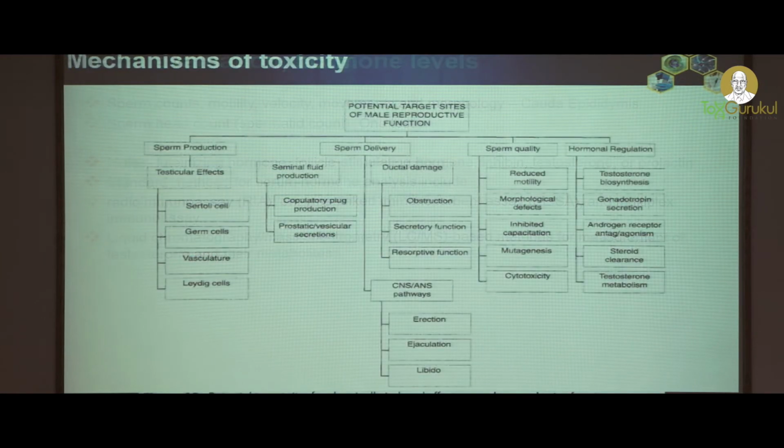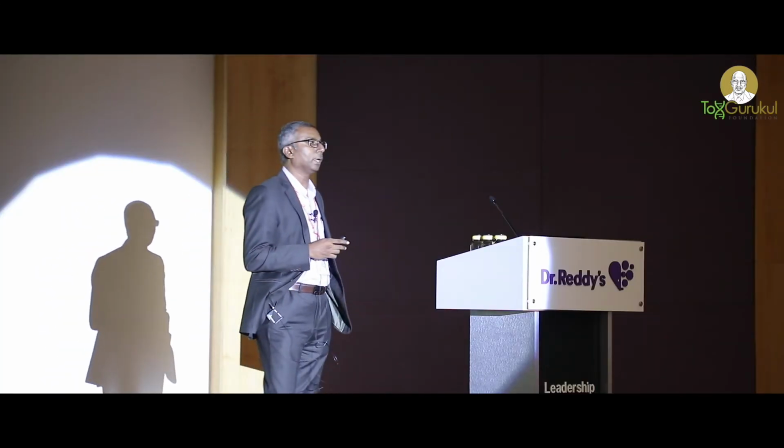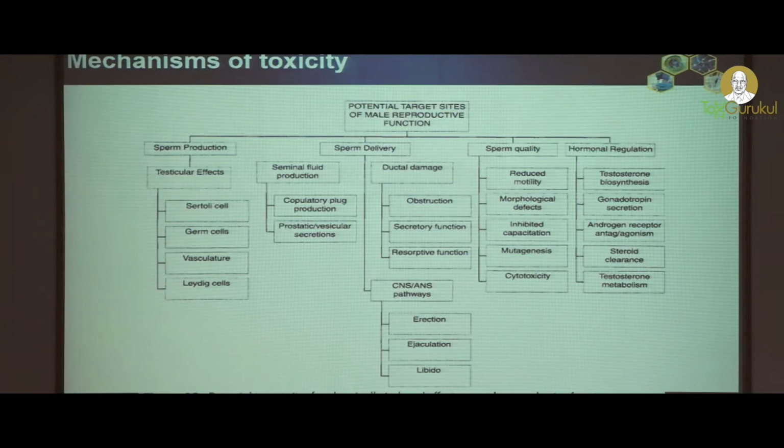I will not go over the mechanism of toxicity because all the toxicologists know much better than the pathologists. What impacts, this is actually from humans, what are the sites of male reproductive toxicity, the functions that are altered? It could be sperm production, which is in the testis, not just the germ cells; impact on the Sertoli cells, vasculature or Leydig cells can cause reduction in sperm production.